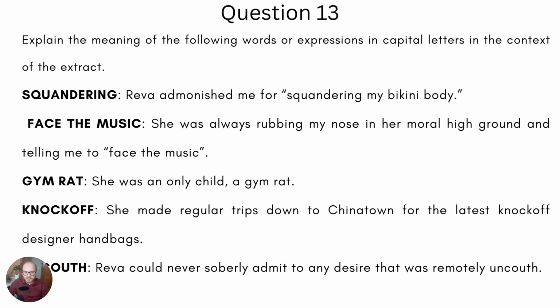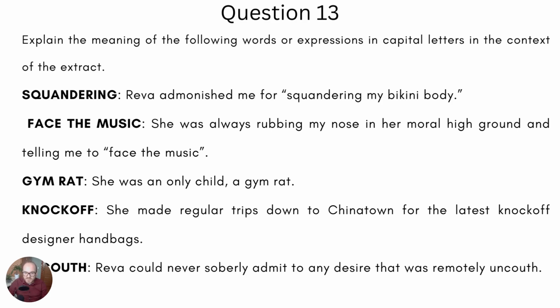own actions. Gym rat. A gym rat refers to someone who spends a lot of time at the gym and is very dedicated to working out and staying in shape. In the context of the extract, Riva is described as a gym rat. A knockoff is a copy of a product that is produced and sold to the public at a lower price.